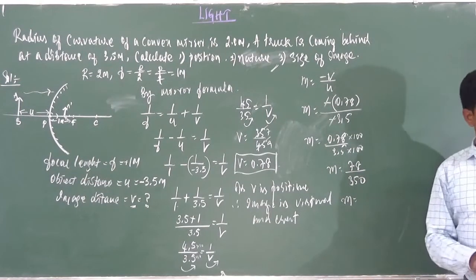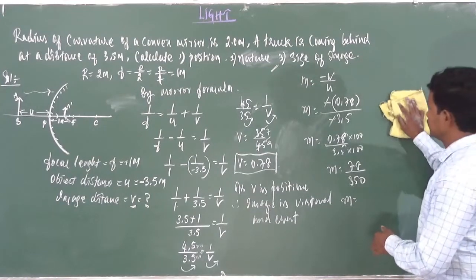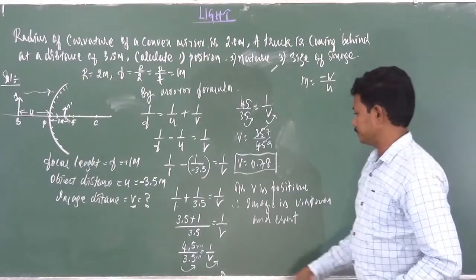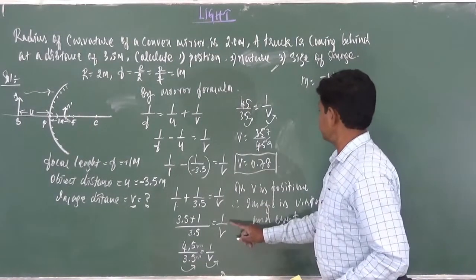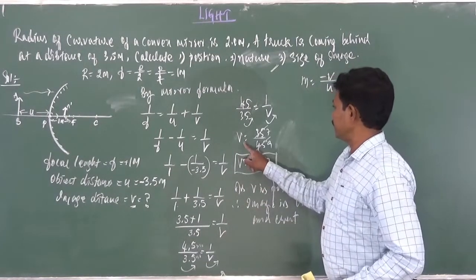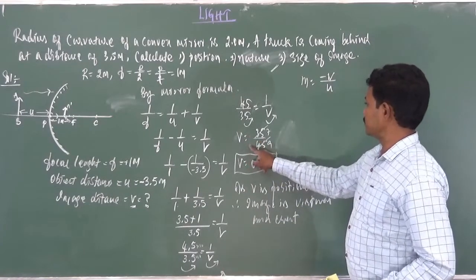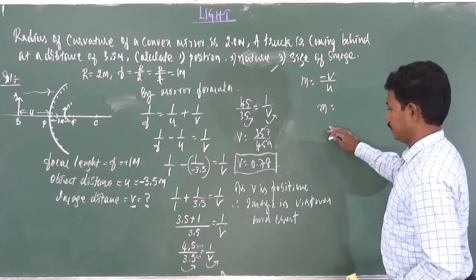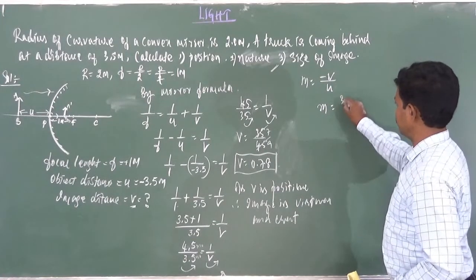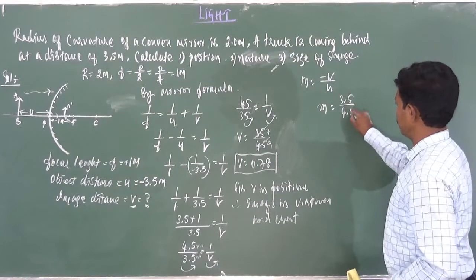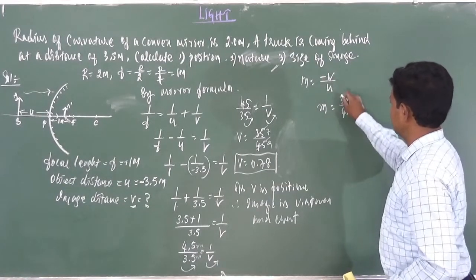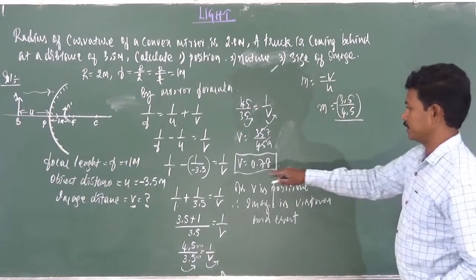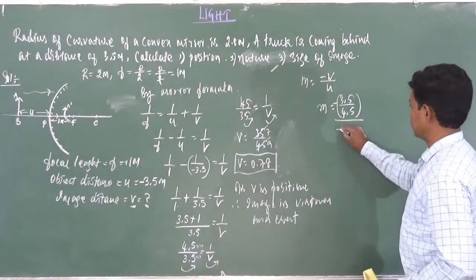Or else you can do one very simple thing. Instead of writing 0.78, you can write this V value, that is minus 3.5 by 4.5, by U, which is minus 3.5.